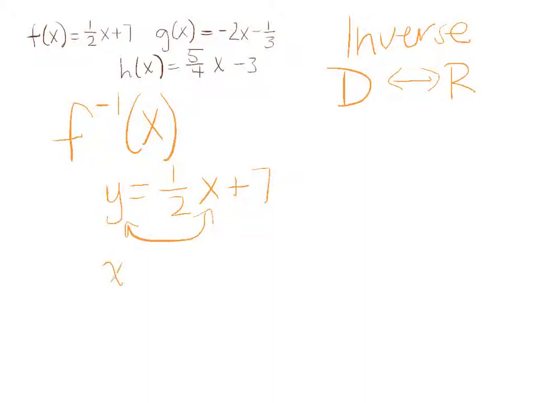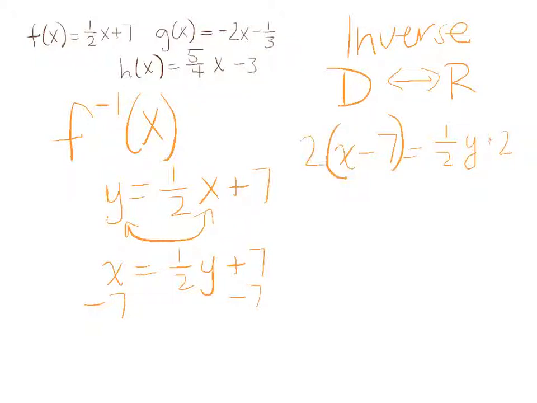So first I'm going to rewrite this as x equals 1/2 y plus 7. The next thing I'm going to do is get y by itself. So I'm going to subtract 7 from both sides. That gives me x minus 7 equals 1/2 y. To undo multiplying by 1/2, I can multiply times 2.